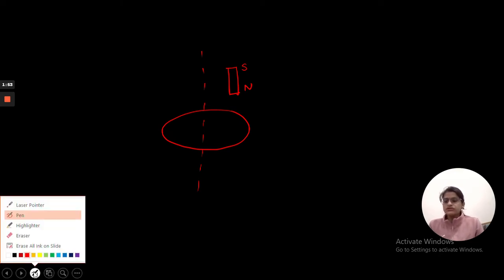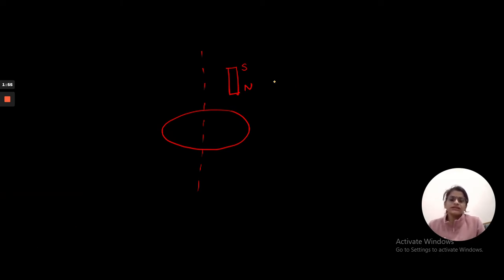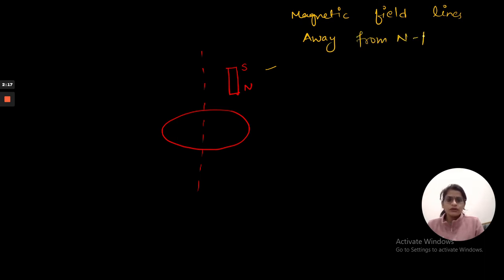Now use the concept that we all know that any magnet produces magnetic field lines, and the direction of magnetic field lines is away from the north pole and towards the south pole.